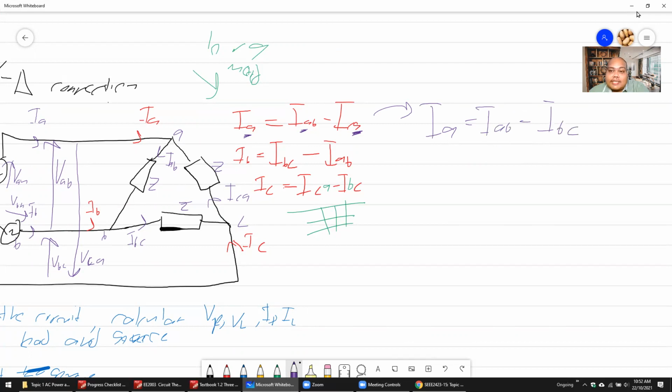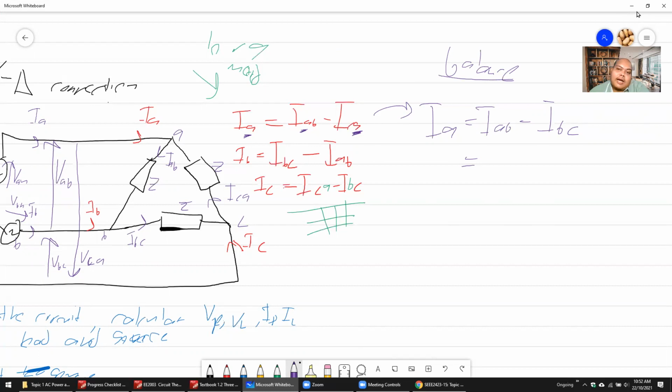For a balanced load, the phase shift is only 120 degrees. When it comes to simplification, the square root 3 is for balanced load only, usually for balanced load.